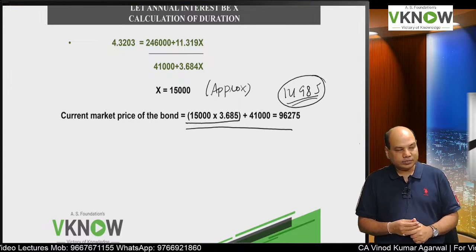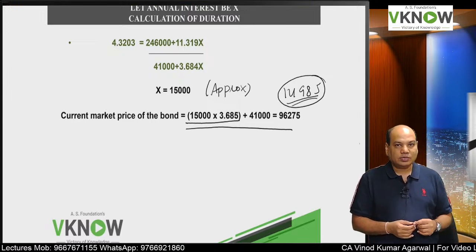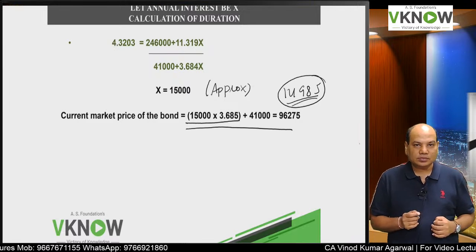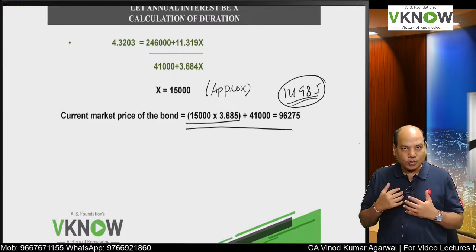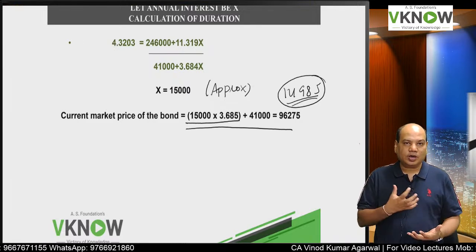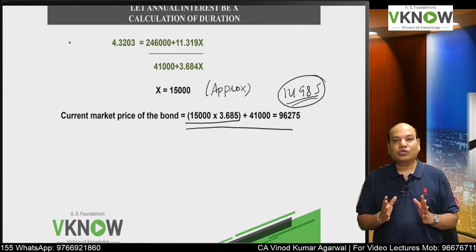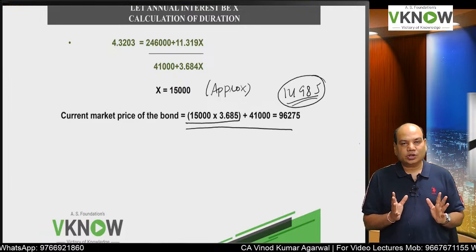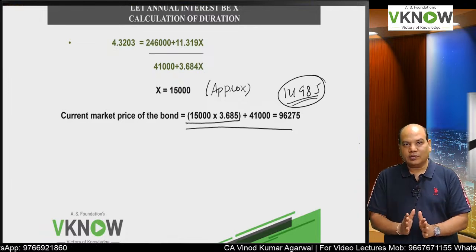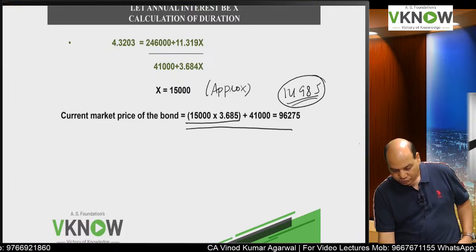Is it right now? So that was a question asked in the exam. Reverse working. From duration, you have to find the coupon amount and the price of the bond. And if they ask you coupon rate also, then the coupon rate will be 15,000 divided by 1 lakh.